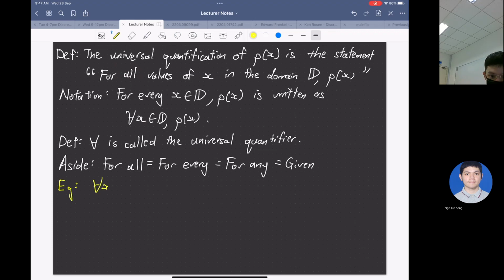For every x in R, consider the statement x plus 1 greater than x. Do you think it's true or false? True.